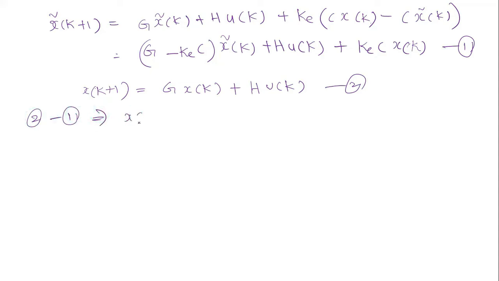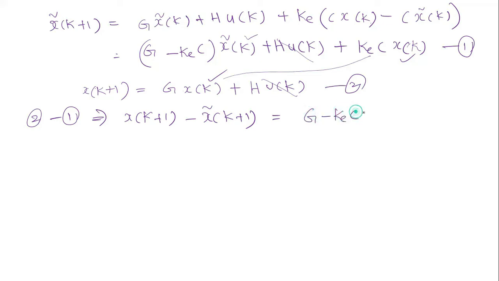We will get x of k plus 1 minus x tilde of k plus 1 is equal to this thing, and this thing will cancel out, and you can group this term and this term, so that will also become g minus kec. So g minus kec is common for everything, and whatever is remaining is x of k minus x tilde of k. So this is what the final equation becomes.